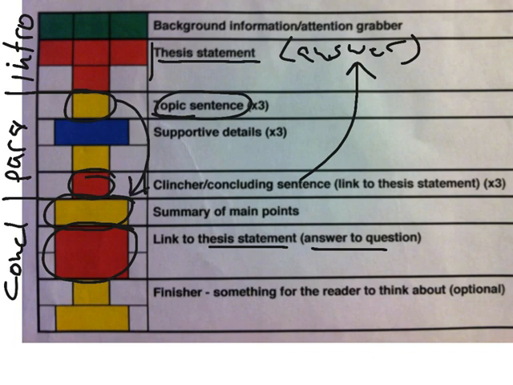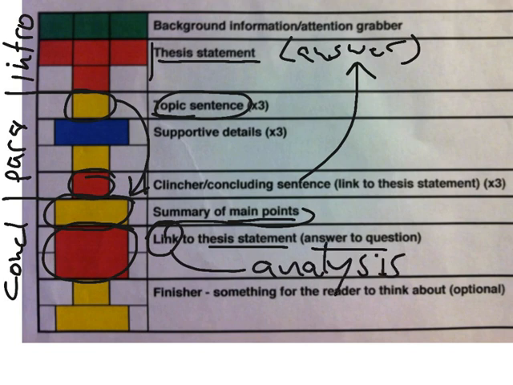So in other words, a restating of those topic sentences, summarizing your main points. So you're basically saying to the reader, oh yeah, these are the main points I'm making, I'm linking them to the answer, I'm providing you with analysis so you can see that I know what I'm talking about.